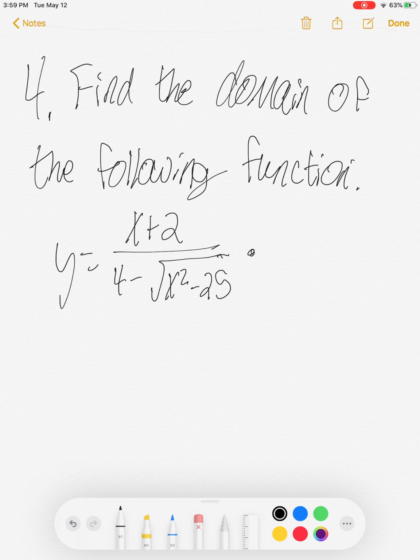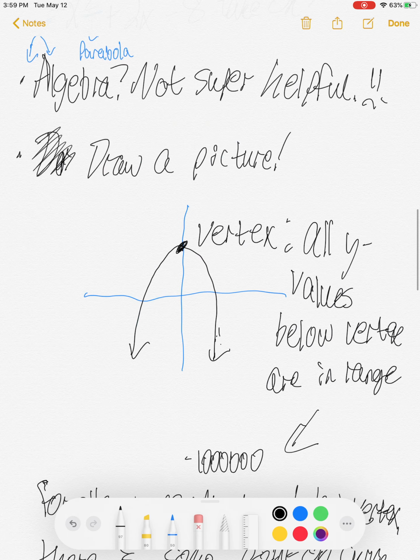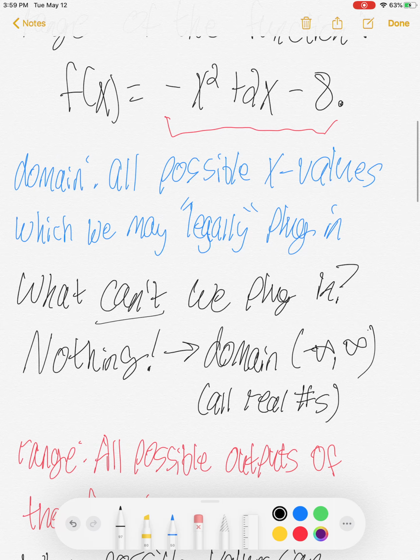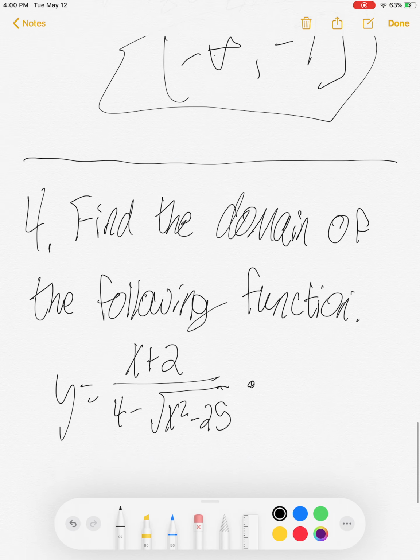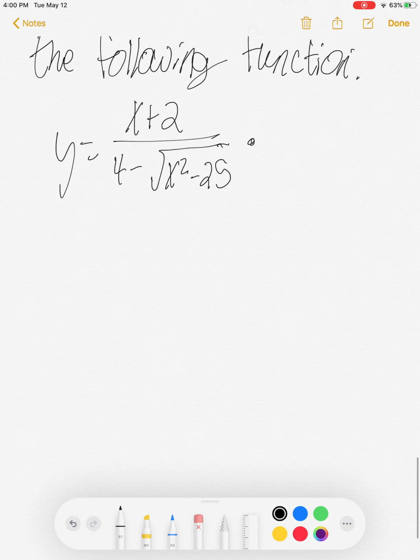Okay, so we want to find the domain of this function. So again, let's scroll back up to our definition of domain to remind ourselves. We want all possible x values which we may legally plug into the function. Okay? All possible x values which we can legally plug into this.